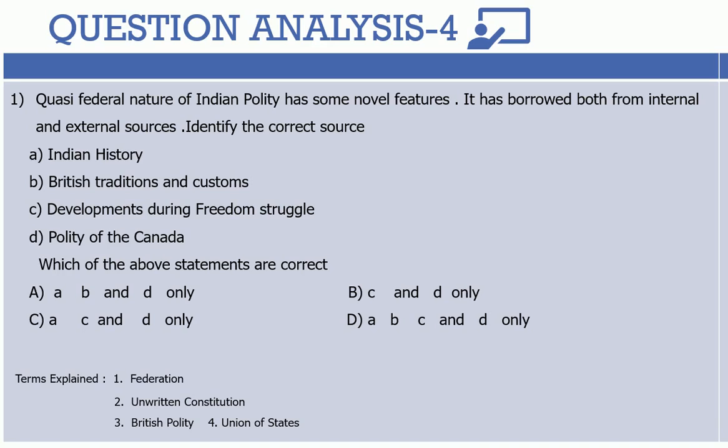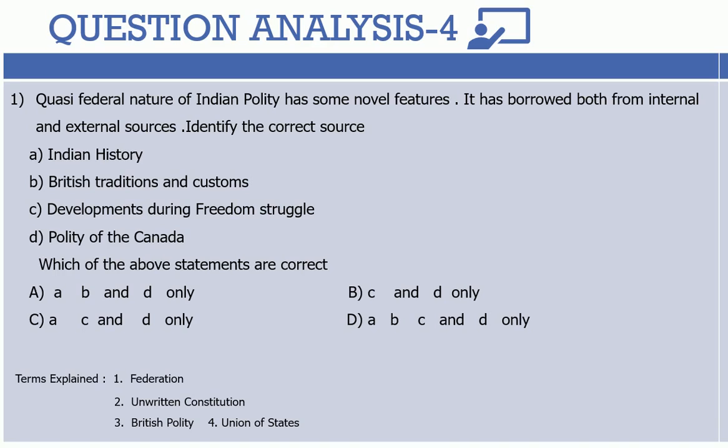Whereas in the quasi-federal state, in normal circumstances, it is a federal structure. In special circumstances, in case of emergency, it will become somewhat like a unitary state. Third one is exactly like a unitary state, where federal units are absent. Throughout the country, only one government will run.